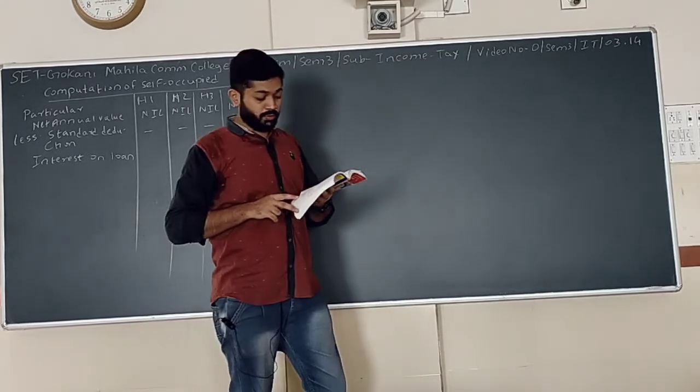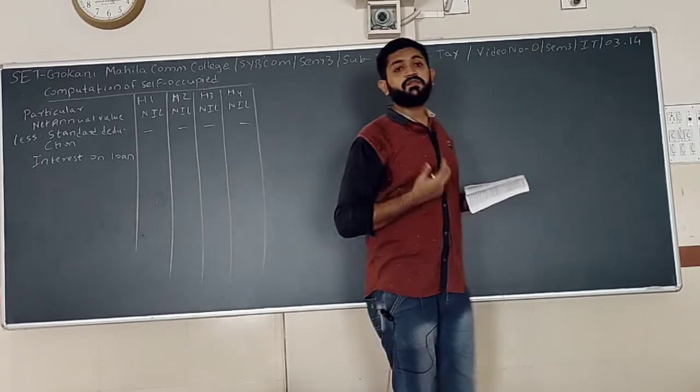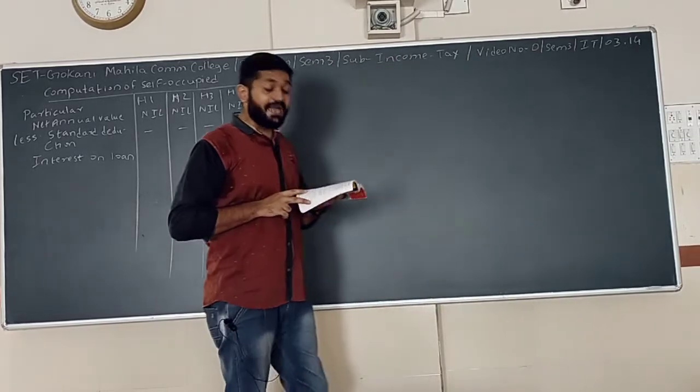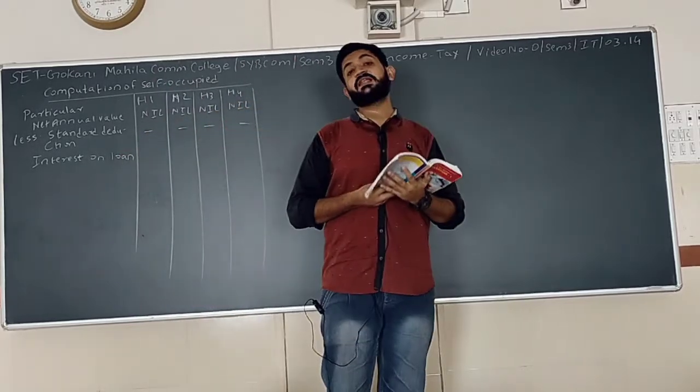For house two, in the year 2016-17, they took the loan from the bank. For that purpose, they are paying 91,000. For house 3, 65,000, and for house 4, 96,000.